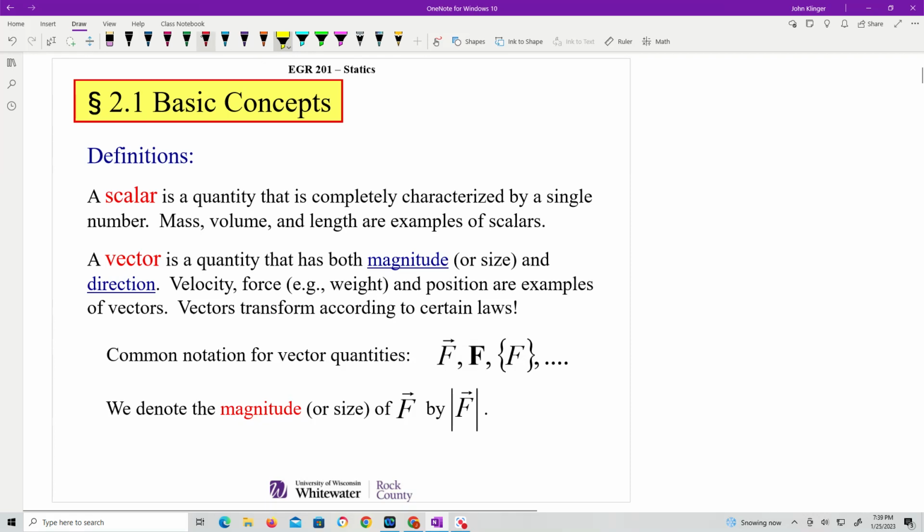Our force for weight is always straight down. The way we'll designate a vector, typically in this class, is with the letter of the vector and then the arrow above. The magnitude I will write this way, or sometimes I actually just write the magnitude as the letter itself. I don't use these other ones really.